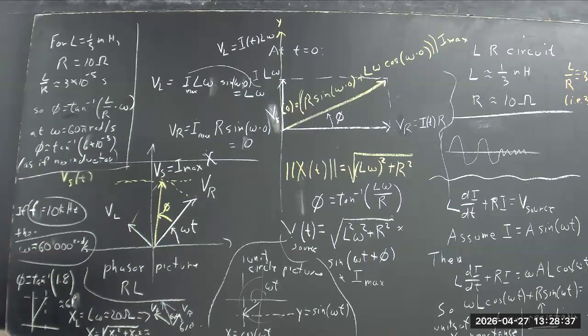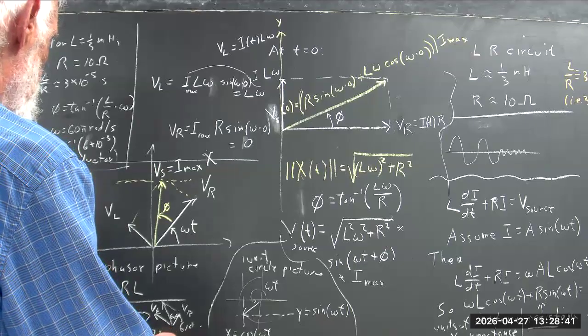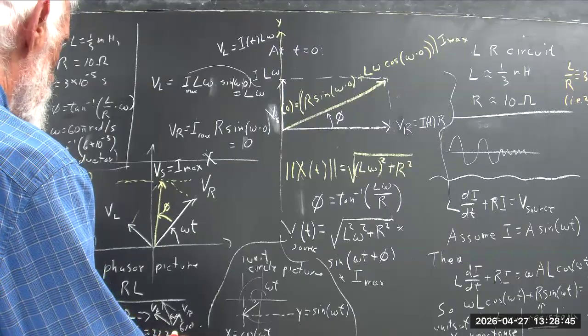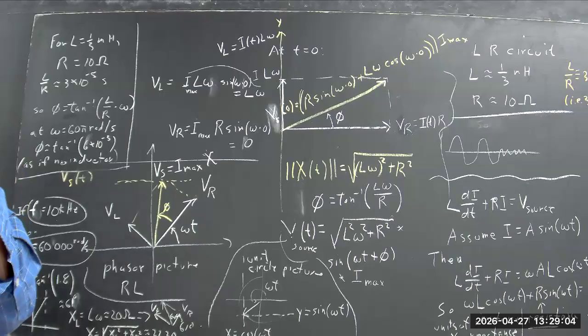You add the squares, you get 500 ohms squared, and that's about 22.3 ohms. What that tells us is that your reactance is about twice as great as it is if your frequency is 20 hertz.